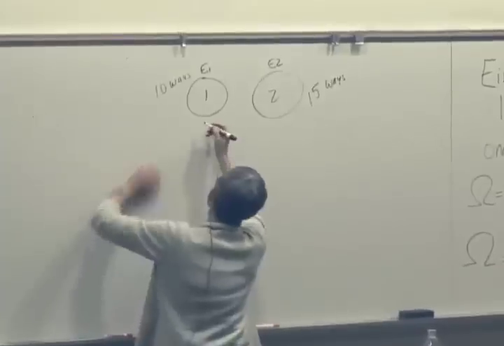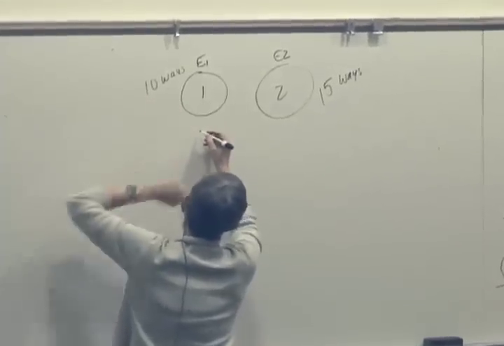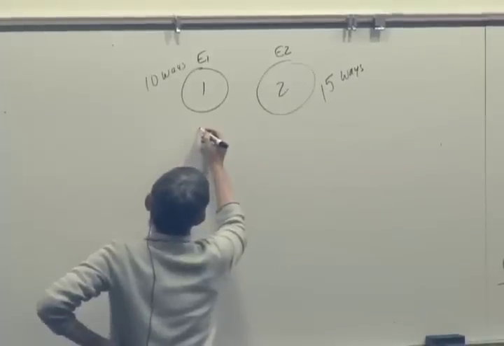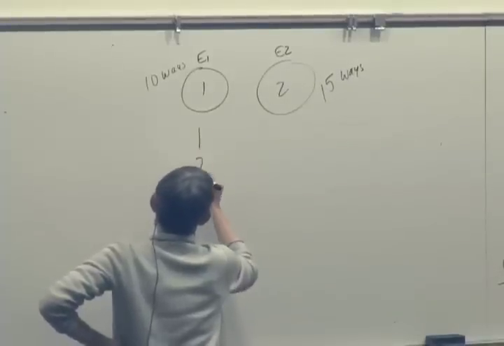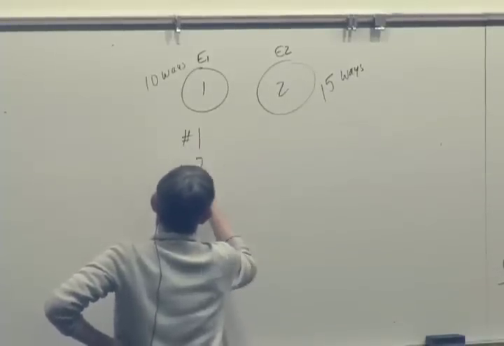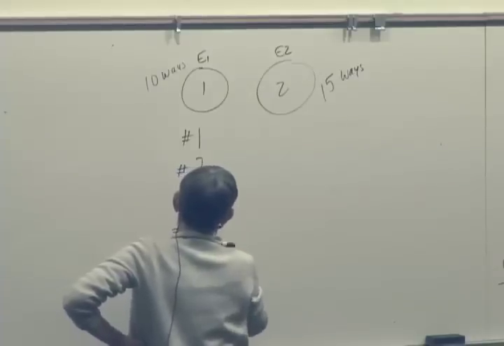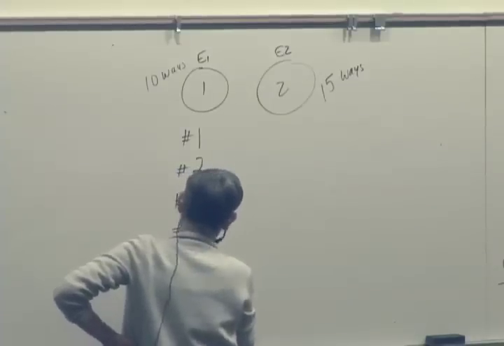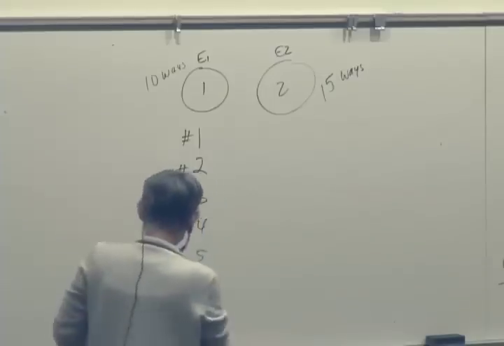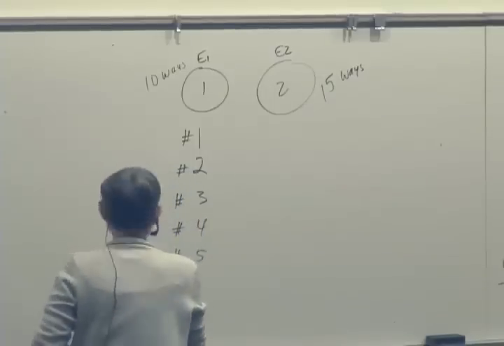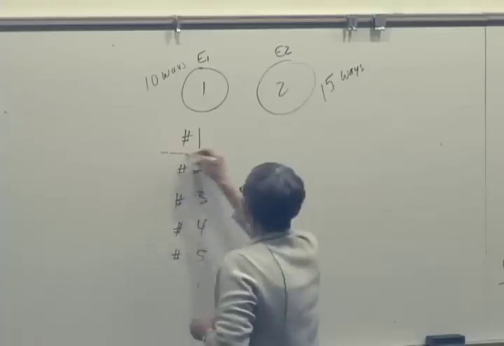So there are 10 ways to arrange the energy in this one. So here's way number 1, way number 2, number 3, number 4, number 5. Okay, so suppose we consider number 1.